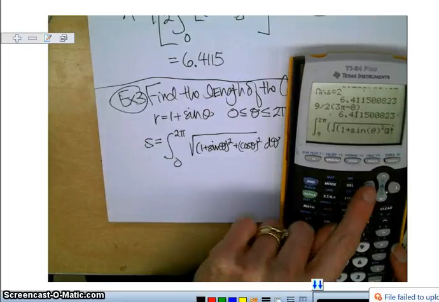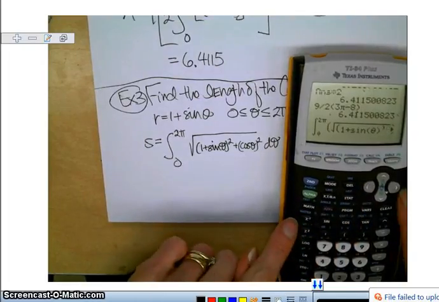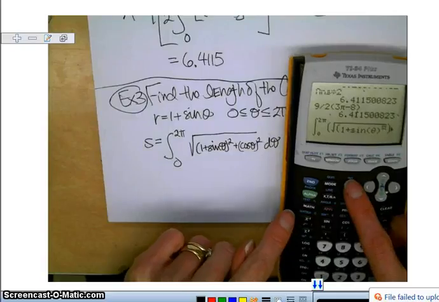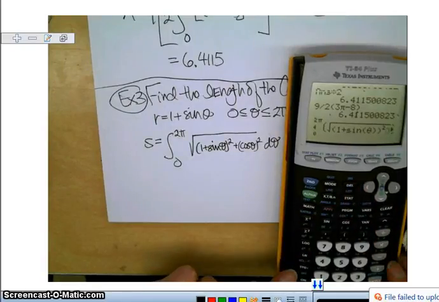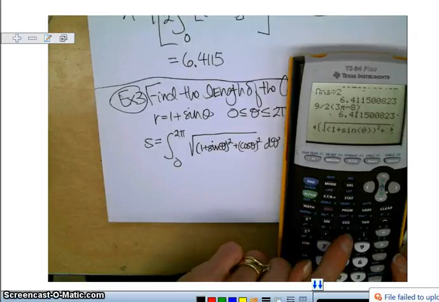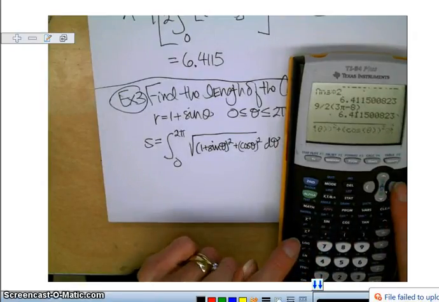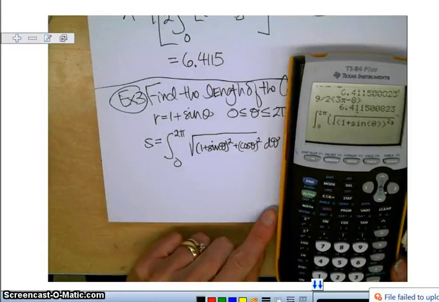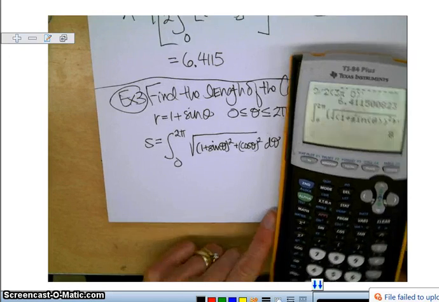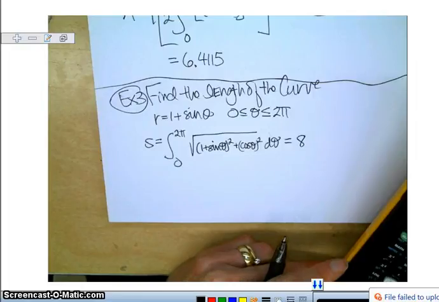Oop, I better change that squared. And 8. It's 8. And it's 8. I like that.